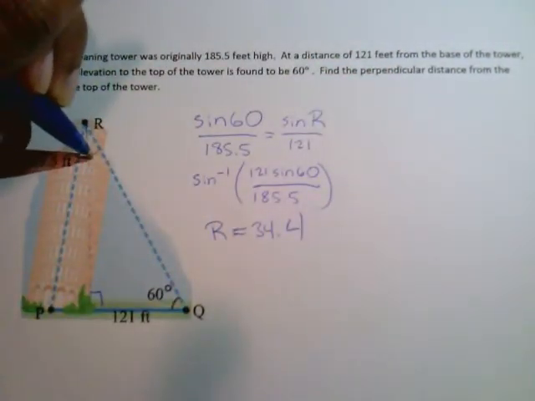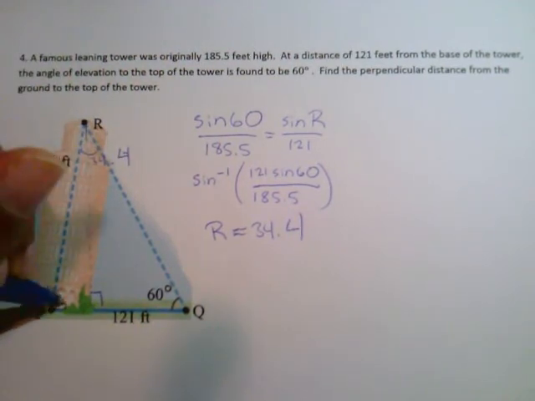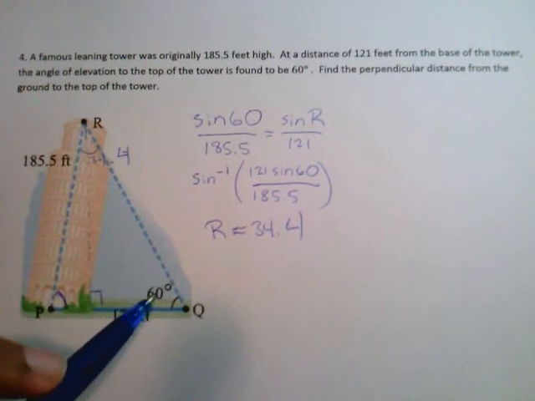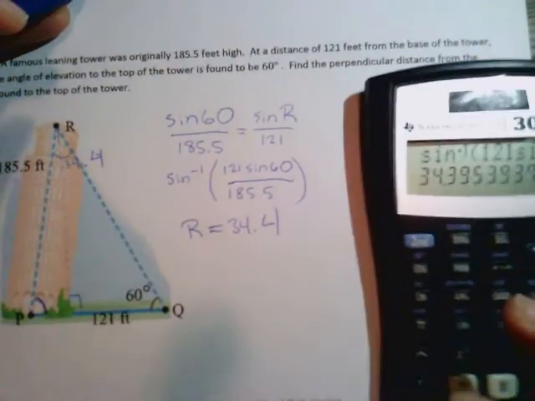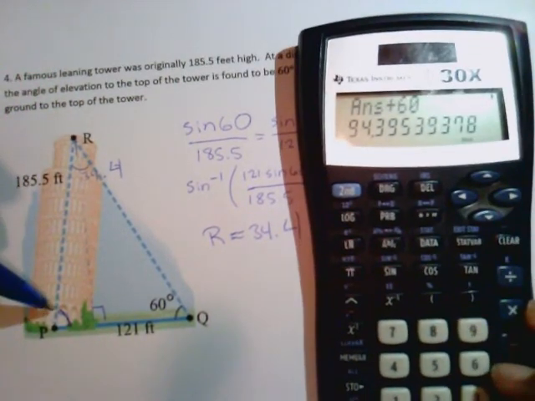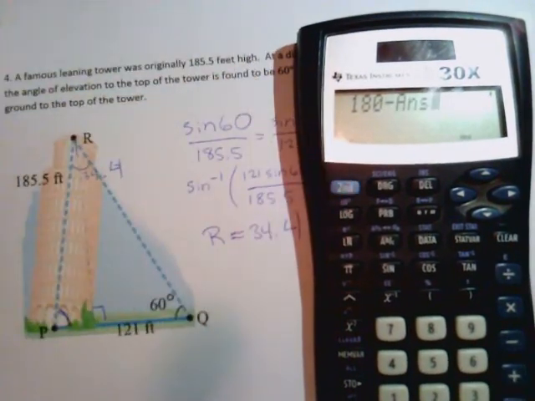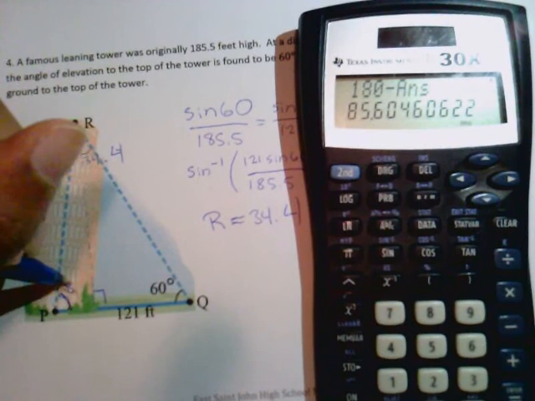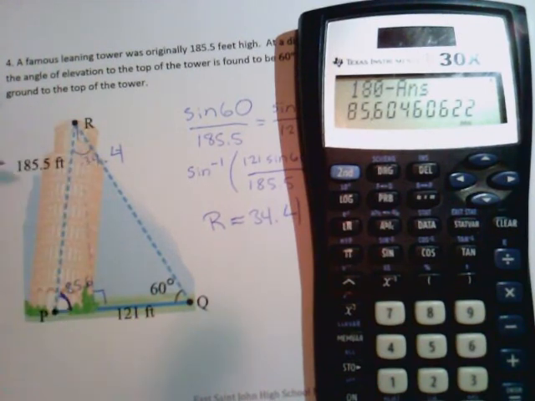So this full angle is 60 plus 34.4. That gives us about 94.4. And then we'll do 180 minus that. And that gives us 85.6. So now we have angle RPQ, and we also have angle R.